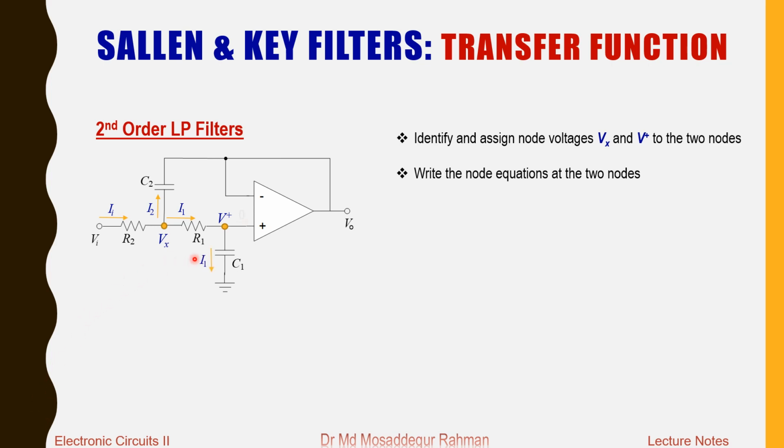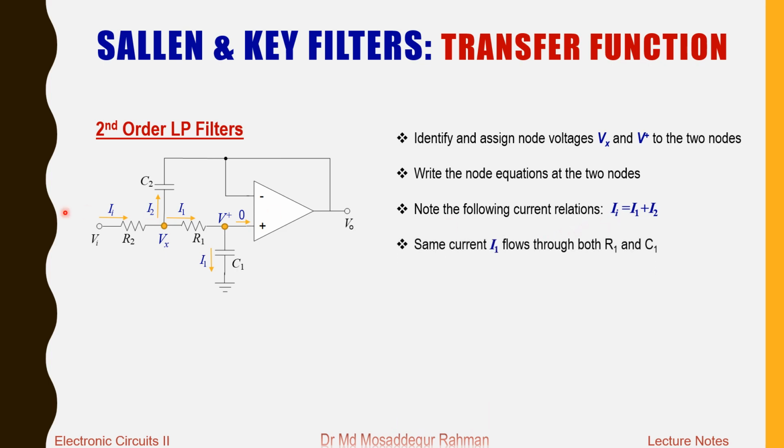The same current I1 flows through C1, and since the current here is 0, we can write the following current relations: I is the sum of I1 and I2, and the same current I1 flows through both R1 and C1. These relations will help you write the node equations more accurately without making any mistake.